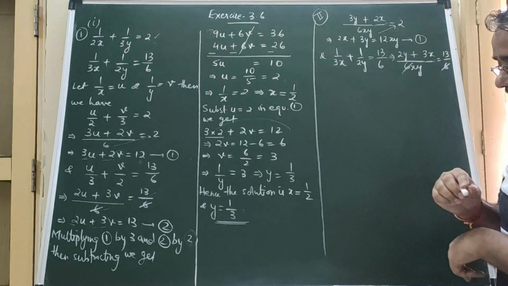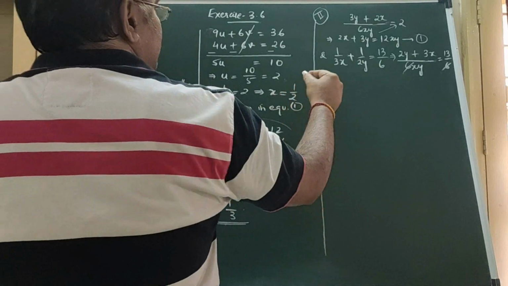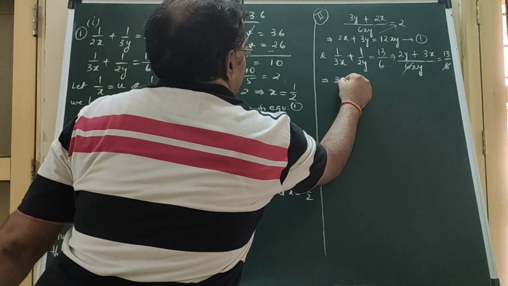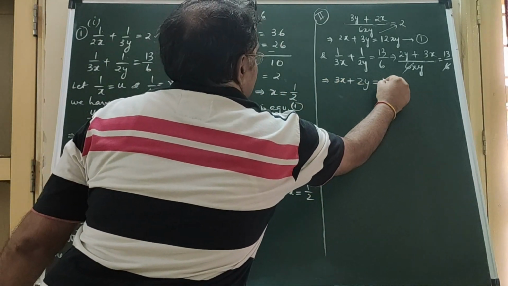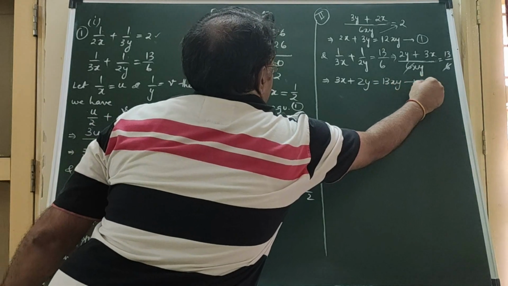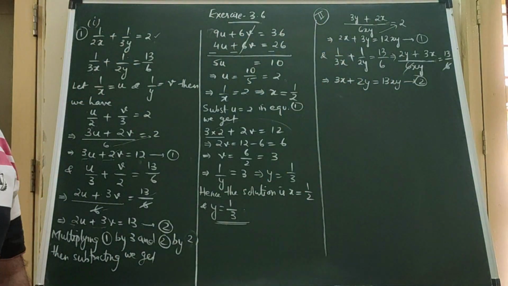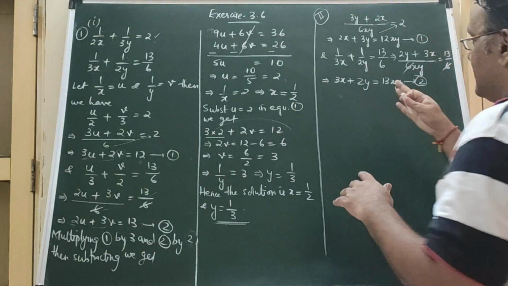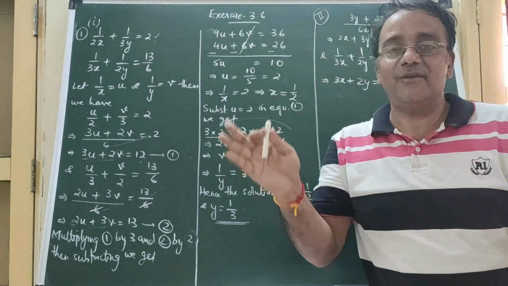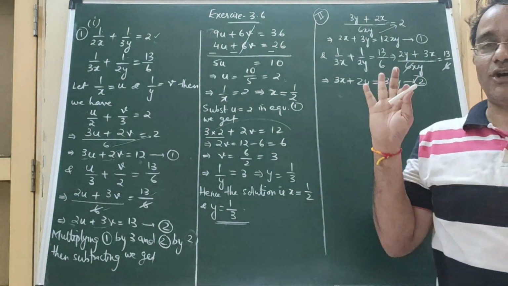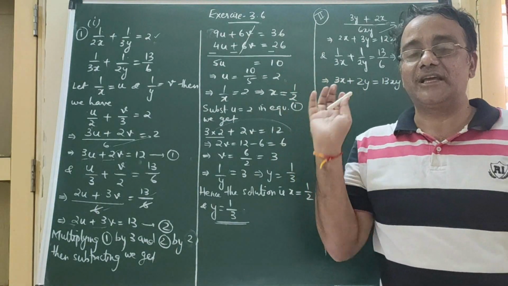So you can cancel this 6. So you get 3x plus 2y is equal to 13xy. This is equation number 2. Now don't check whether it is a linear equation or not, क्योंकि मुझे solve करना है. Question में लिखा हुआ है solve the equations.